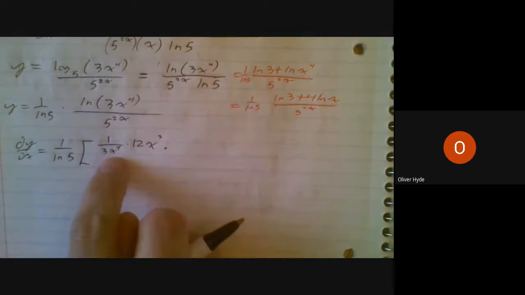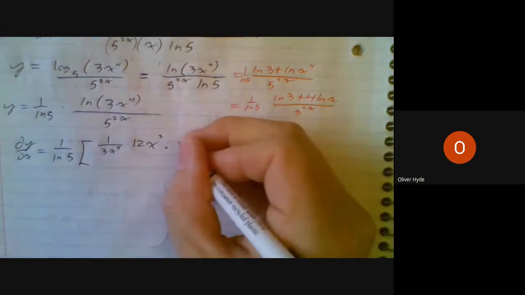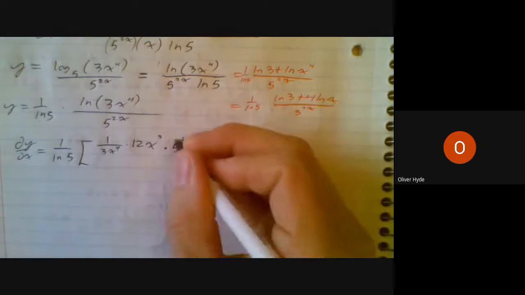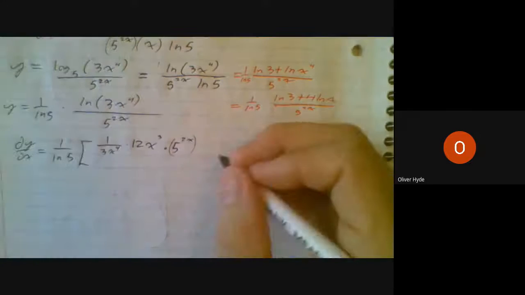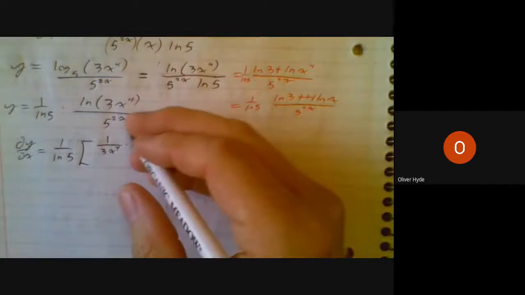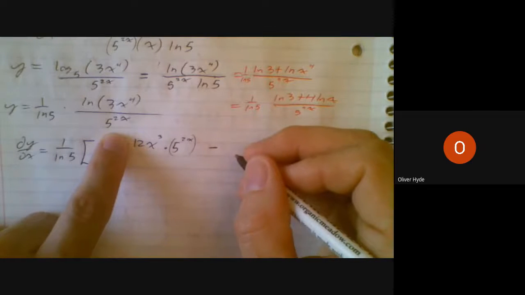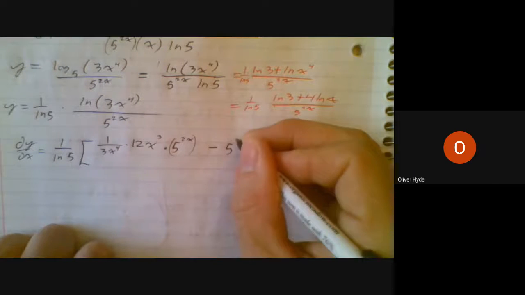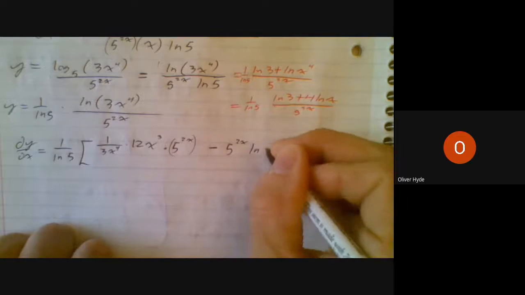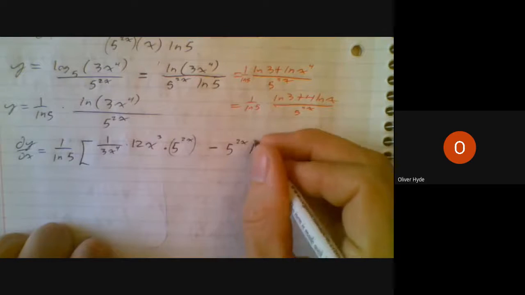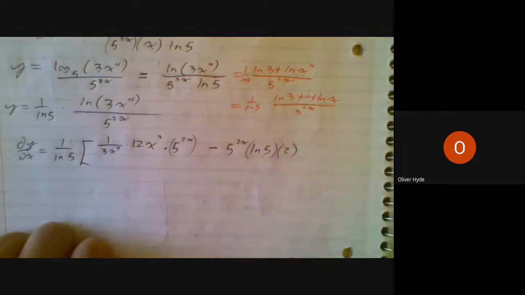So that's the derivative of the top times the bottom. Maybe a bracket would be useful there. Minus, let's do the derivative of the bottom. The derivative of an exponential function is an exponential function multiplied by the natural logarithm of its base multiplied by the derivative of its exponent.